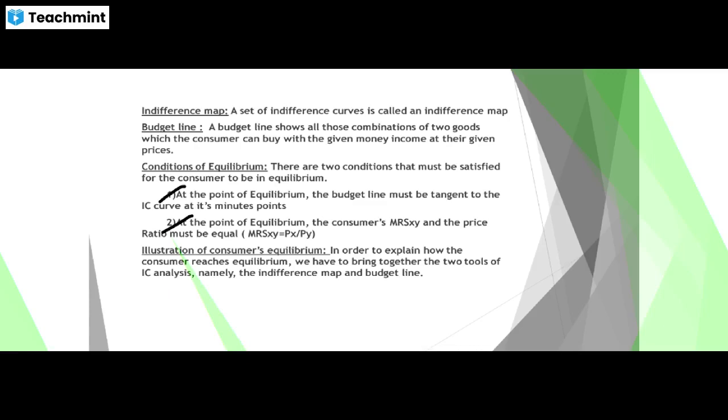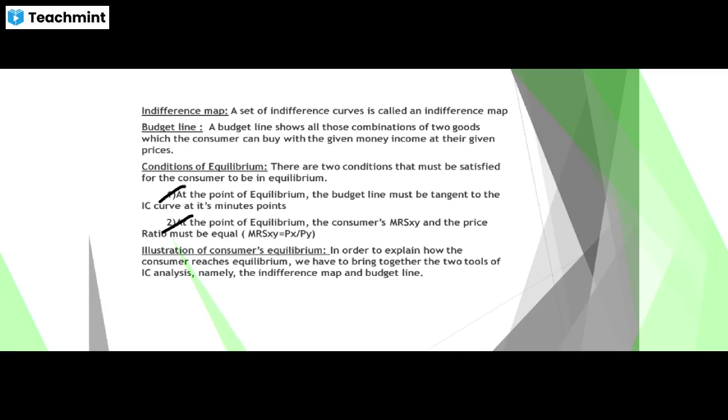Okay. So we discussed introduction, definition, assumptions, what is an indifference map, what is the budget line, and what are the conditions. So with the above information we can find consumer's equilibrium. Let's illustrate consumer's equilibrium.